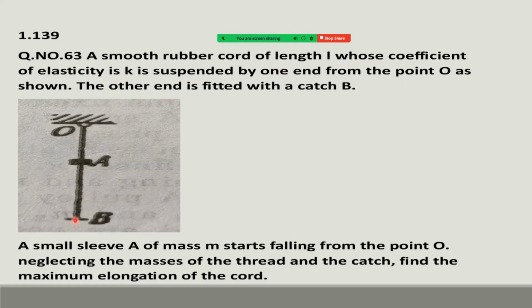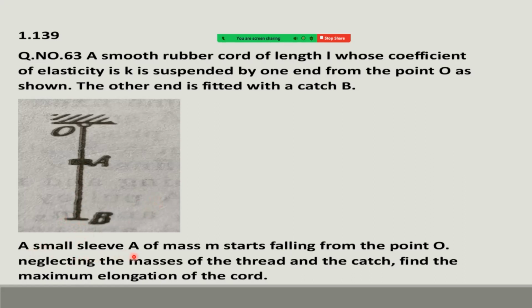So catch in the sense, when this is sliding down, it will be caught by this one. You're having some provision here so that this cannot go directly out of this cord. Getting it? This will come here and it will stick to this point, right?